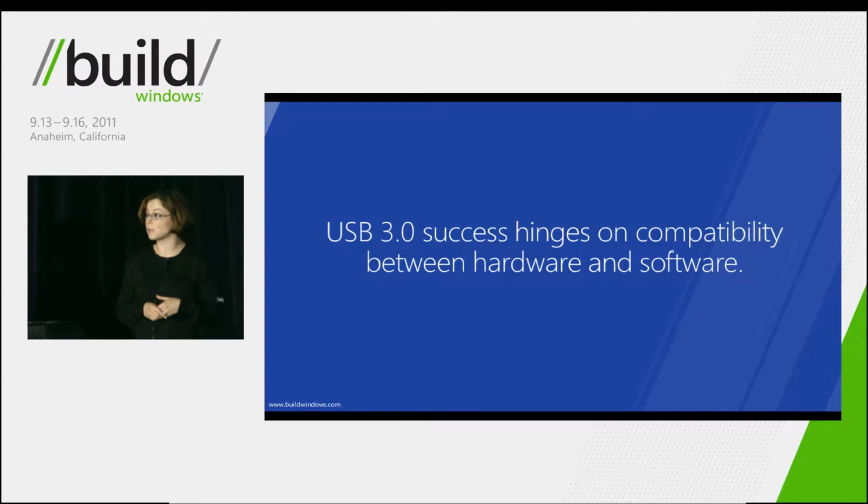So they will just expect their USB 3 devices to work. The specification for USB 3 is fully backwards compatible, which is goodness. However, the challenge becomes around integrating the software and the hardware together. So how do we work together to enable this just works experience for USB 3?